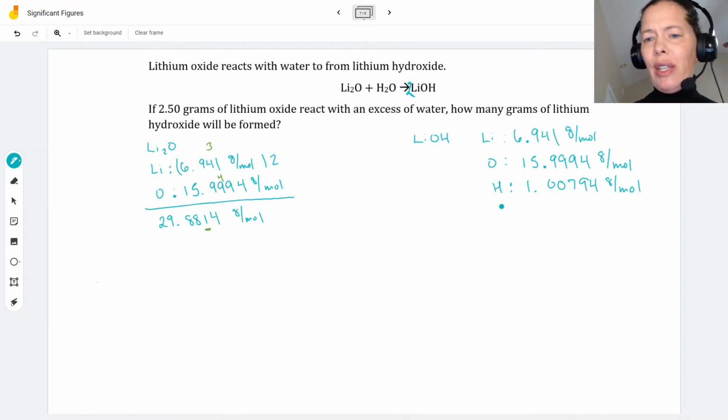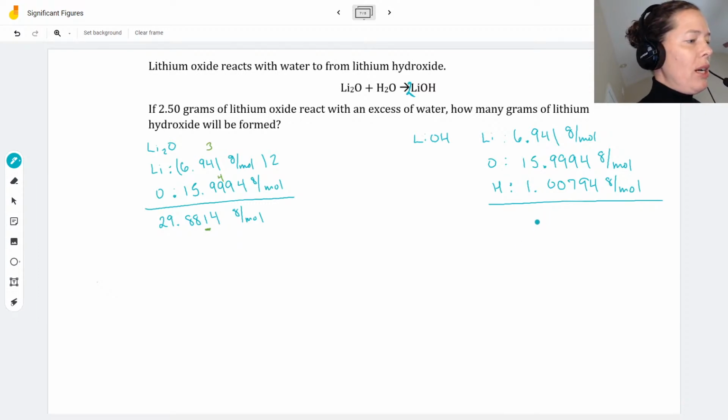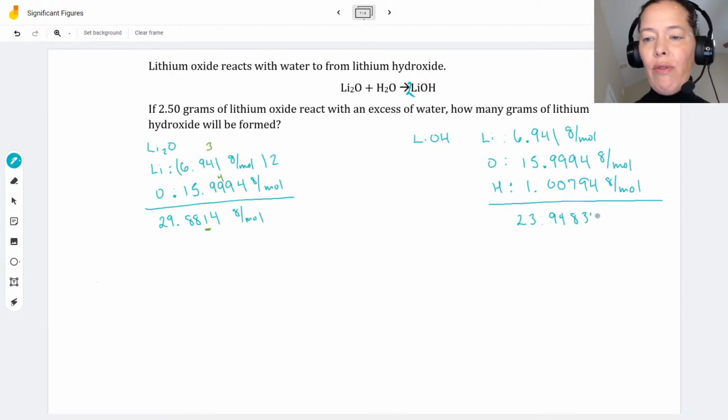Let's do the same thing with lithium hydroxide. If I do this one, my calculator gives me 23.94834 grams per mole.